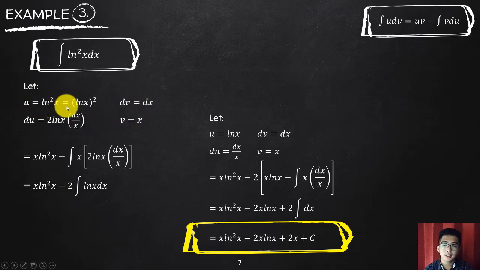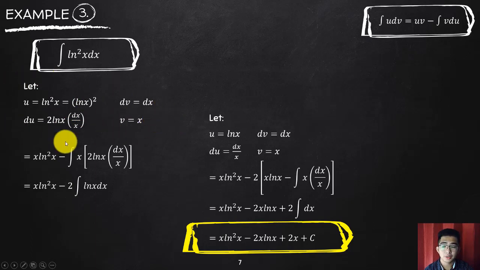Differentiating ln squared x, this is now the power formula for your differential calculus. That is 2 ln of x raised to n minus 1, 2 minus 1 is 1, and then multiplied by the differential of ln x, that is dx over x.